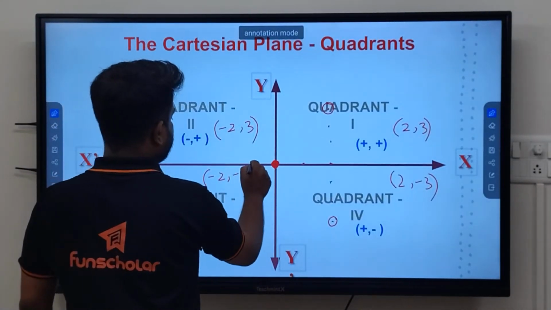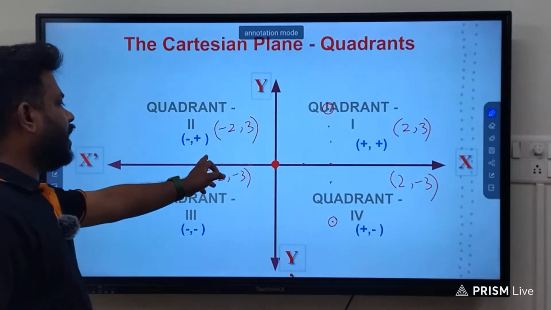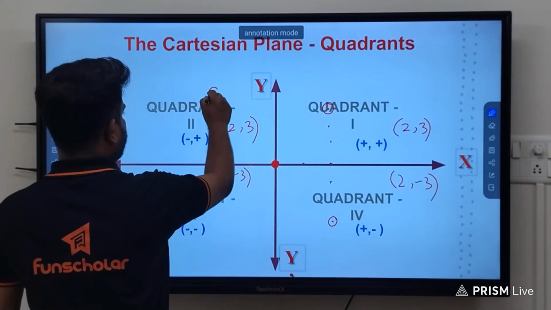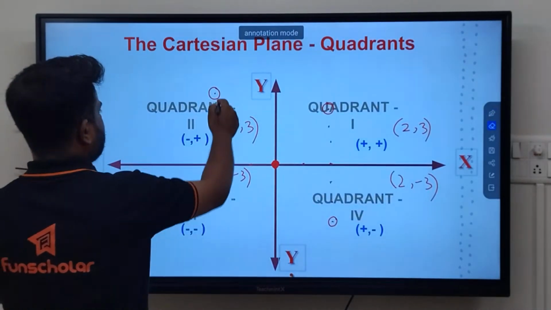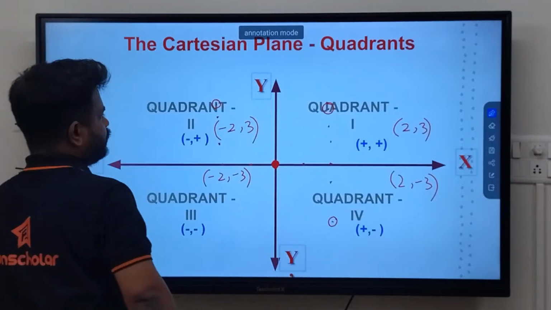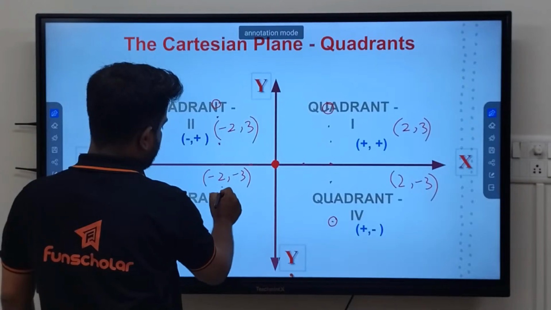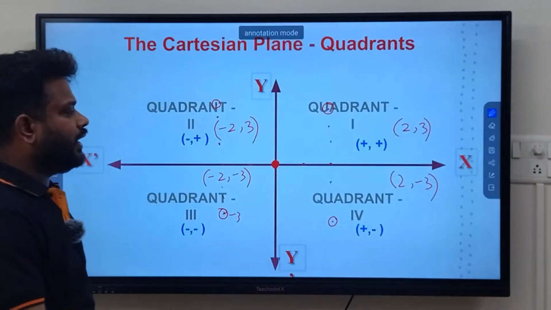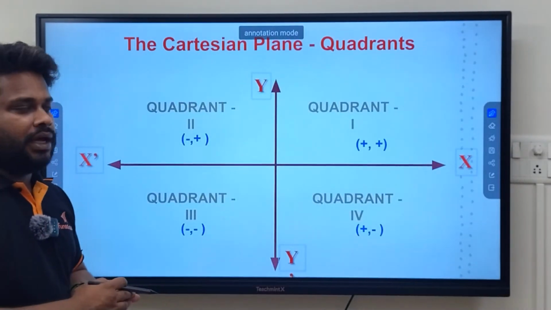From this one, it will be minus 2, and 3 will be here. This one is minus 2, and this one is minus 3. You can simply do it by yourself, just by placing any numbers in all of these.